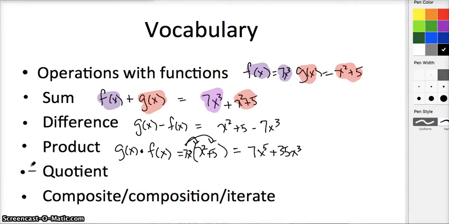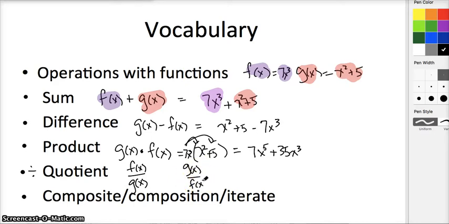Quotient is division, if you forgot that. So quotient is the answer you get when you divide. Therefore, when I'm dividing these two functions, I'll get two different answers depending on which one I use as my divisor and which one I use as my dividend, or I'm going to actually call it numerator and denominator because of the way we look at it. So f of x over g of x, or taking g of x and dividing it by f of x.